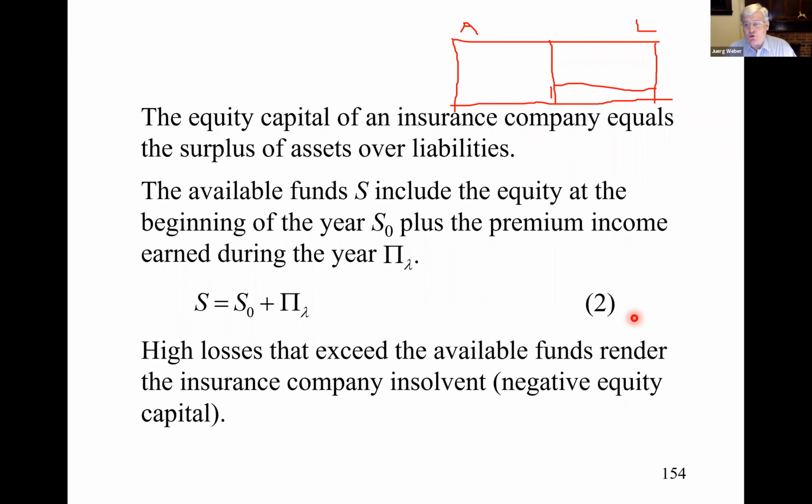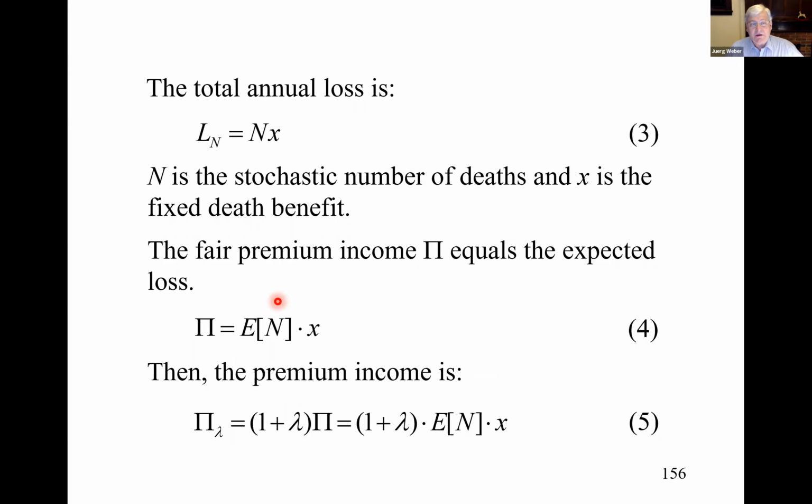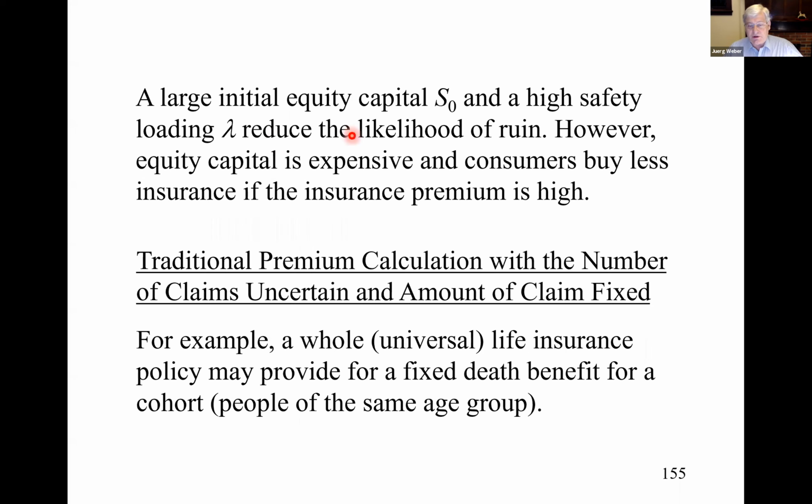Remember equation 2. So available funds is just the capital at the beginning of the year plus the premium income during the year. So that's the funds that we have in this year. So we have the losses here, which are the fixed death benefit. We look at this universal or whole life insurance policy.